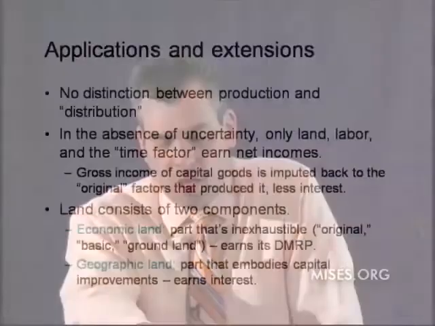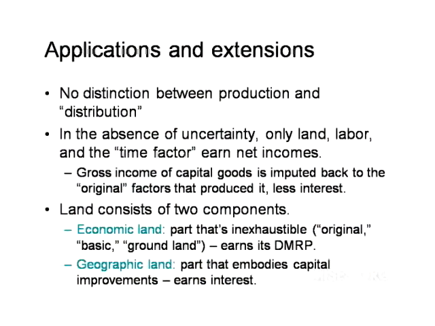One interesting point is that there's no distinction in our analysis between production and distribution, a distinction that you sometimes see made in the economics literature. That production takes place, and then subsequently, in a separate step, incomes are distributed among land, labor, and capital, workers of different classes, and so on.